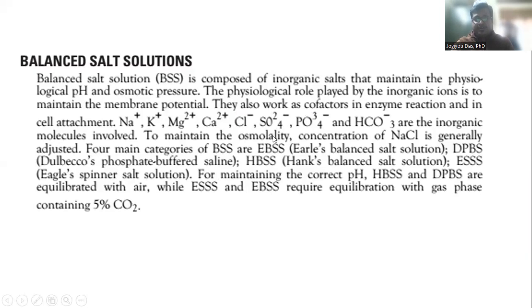Like to maintain the osmolality, concentration of sodium chloride is adjusted. Four main categories of BSS that are available are EBSS, HBSS, DPBSS, and ESSS. All are acronyms or short forms of a big name associated with the balanced solution.